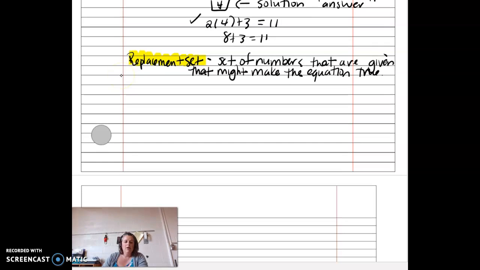Okay, and then we'll also look at what are called solution sets. I'm going to highlight that too.